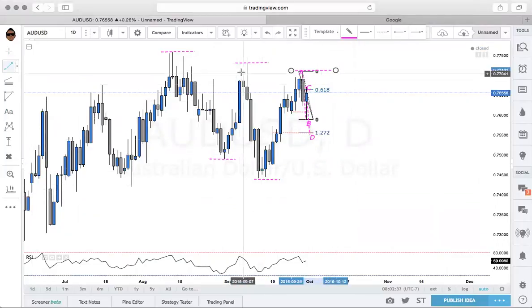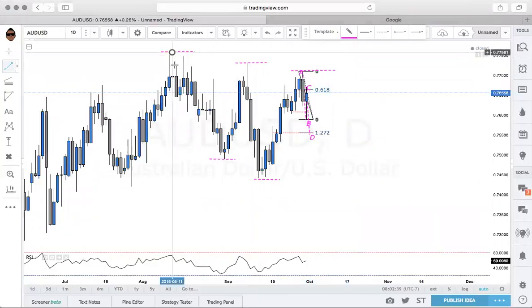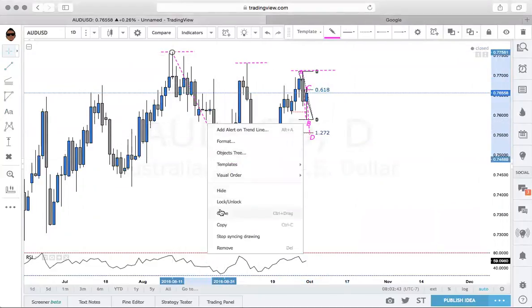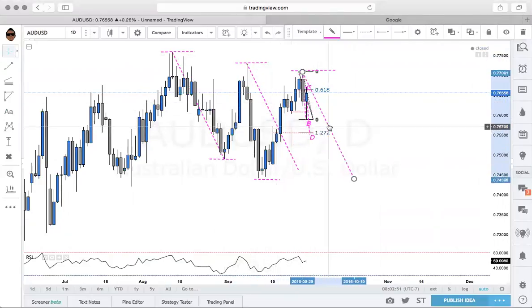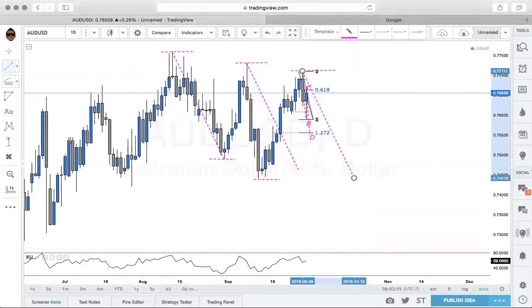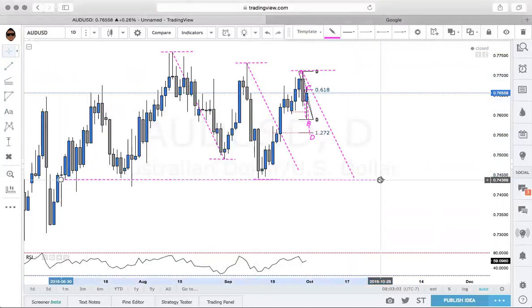And same with the ABCD pattern here. We can definitely plot this here. And let's see if we have any confluence. So there's one. And potentially a third. Right into previous support. Just like that.